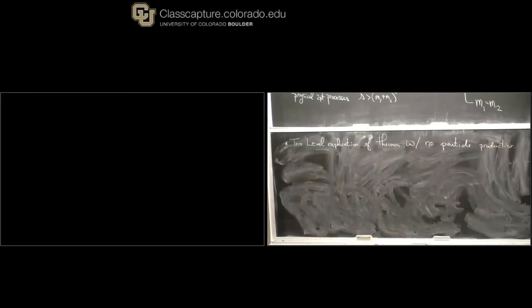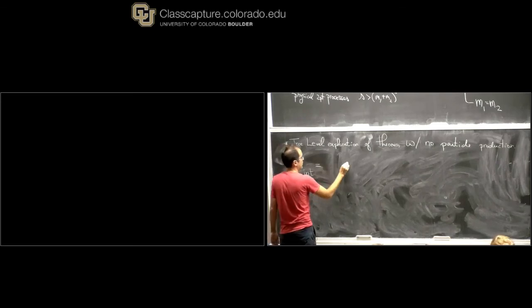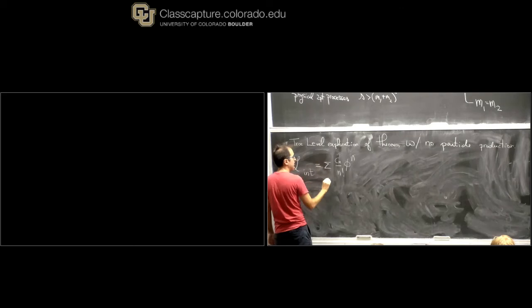The exercise we want to do is to consider a very simple Lagrangian for a free scalar of mass m with some interaction term, just an arbitrary potential, sum over n of C_n phi^n over n factorial.